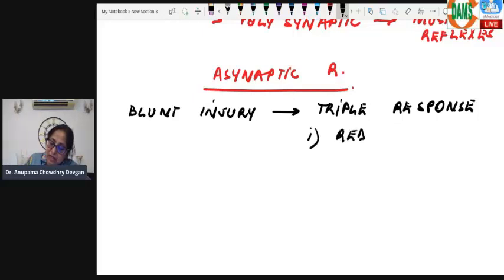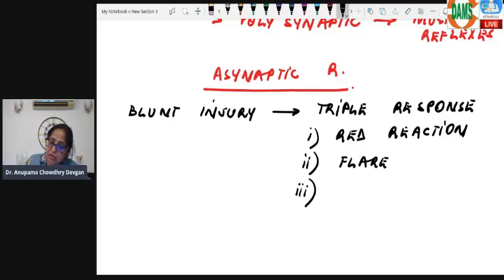It has three components. There is a red reaction, there is what is known as a flare, and number three is what is known as a wheel response. Red reaction, flare, and wheel. Now, this is a blunt injury.